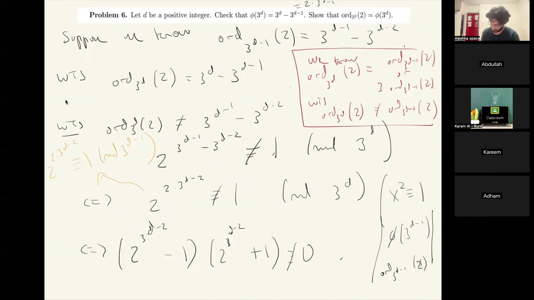So it tells us that you can solve x squared equals 1 mod 3 to the d and get x is plus or minus 1. So because these differ by not a multiple of 3, they can't both be a multiple of 3. So this is true if and only if you want to show that 2 to the 3 to the d minus 2 is not 1 or minus 1 mod 3 to the d. Okay, yeah, you're right. Okay.